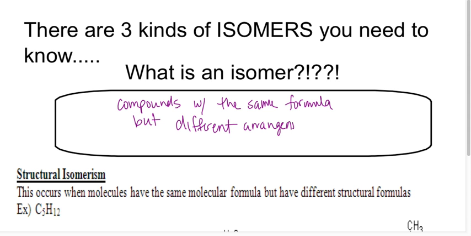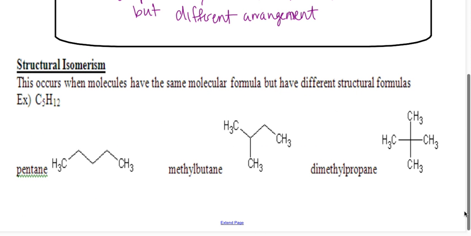We will cover that in great detail in organic if you take that class. But the three we want you to know first are structural isomers. Structural isomers are the easiest. If you look, all three of those structures have the formula C5H12.